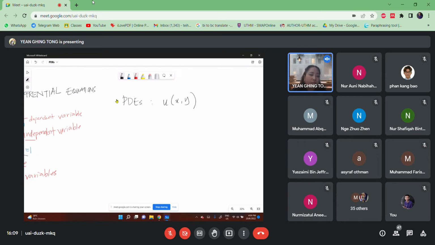And what is this? Both this x and y are the independent variables, where they will change the value of this one, the value of u. This is the dependent variable.